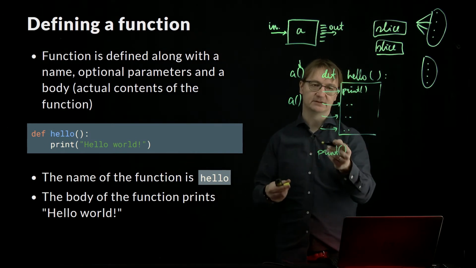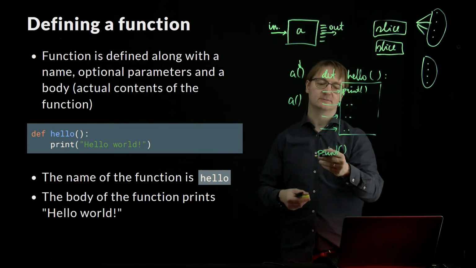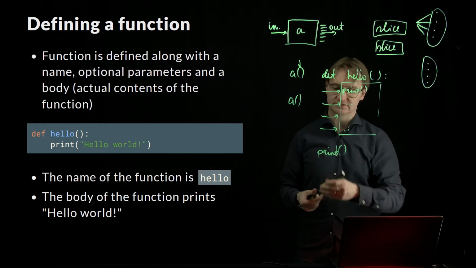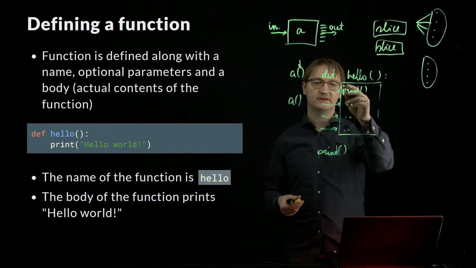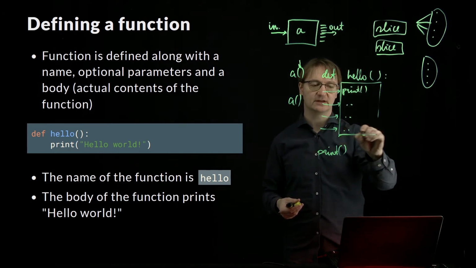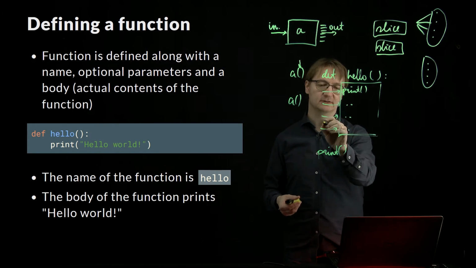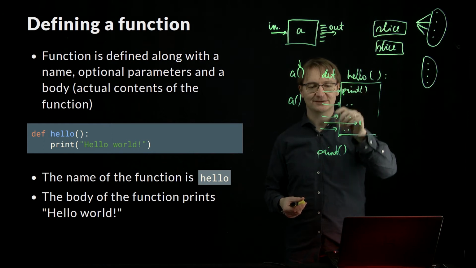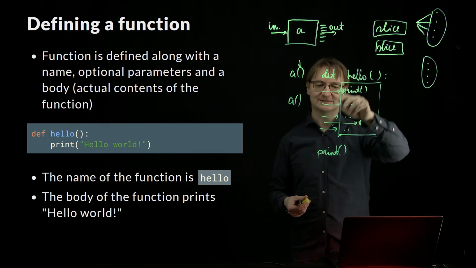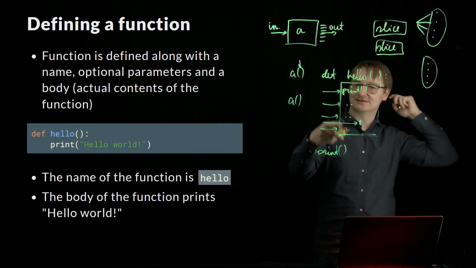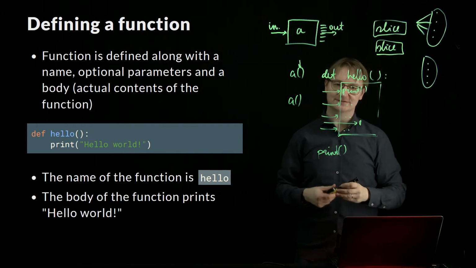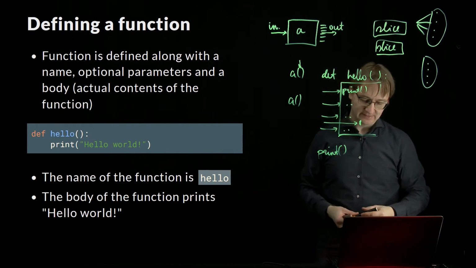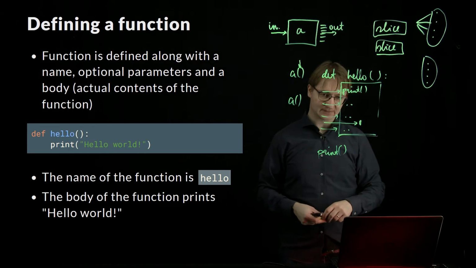So this is a separate statement which just prints out something. So everything which has at least the same indentation that the function has, it is the body of the function. But we will see this in examples.